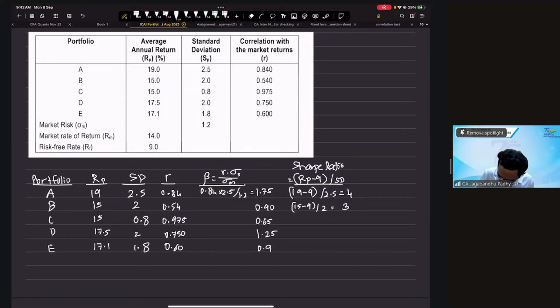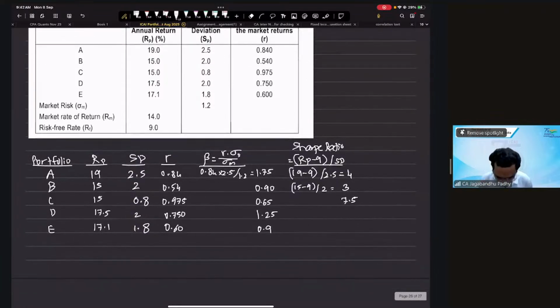Fourth is 4.25. Then 4.5. Okay. And this is a Sharpe ratio.